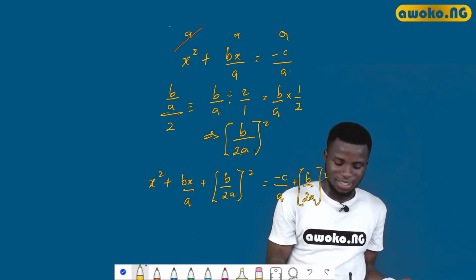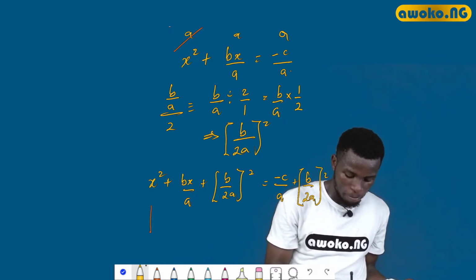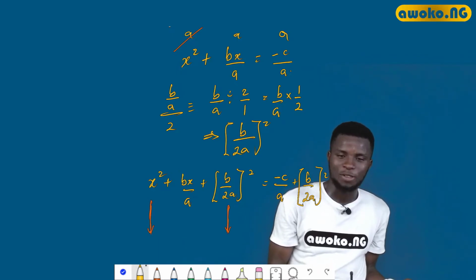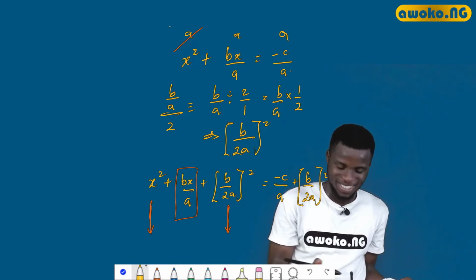Having done that, you pick this one and this one over here, ignoring the one in the middle.